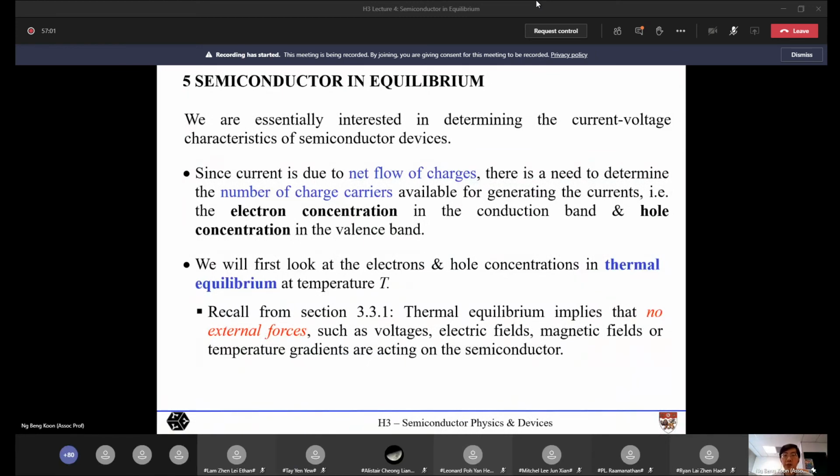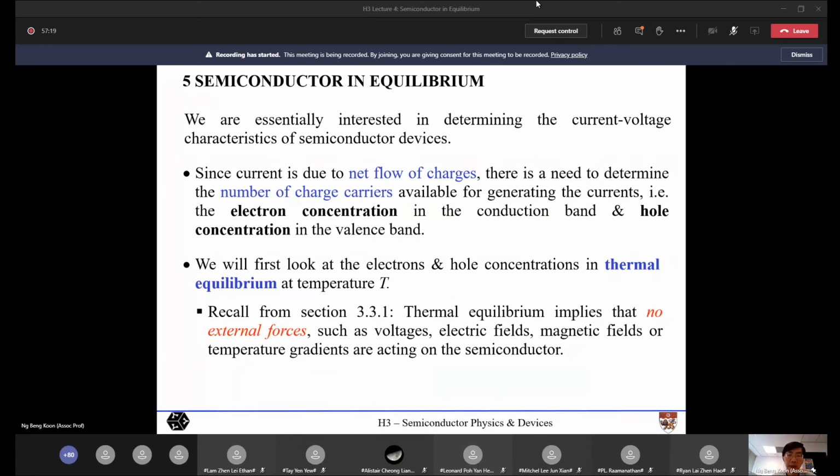Because current relates to how much charge is flowing per unit time, and how much charge there is in the semiconductor will influence this.